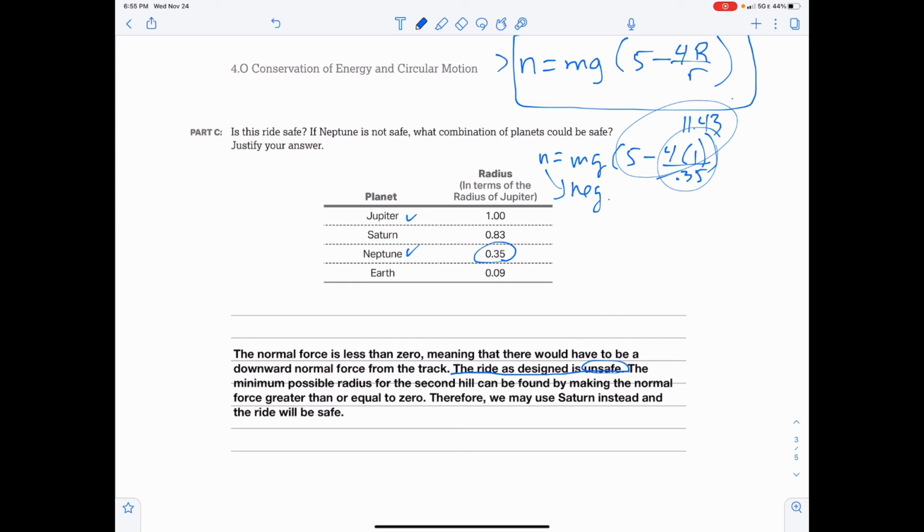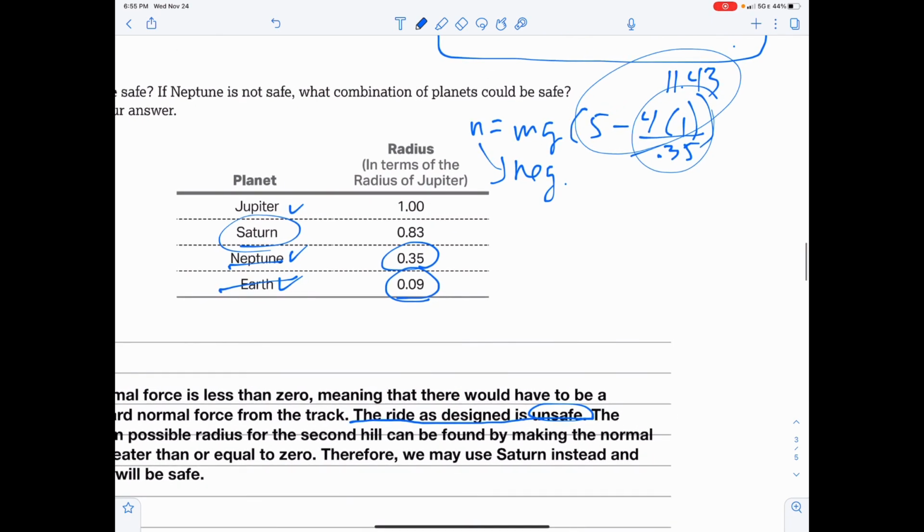Okay, but now, Earth being even smaller would be even more unsafe. So no, but could Saturn actually work? Let's find out. So normal force equals mg, and then we're going to go 5 minus 4 times 1, the relative radius of Jupiter, over 0.83.